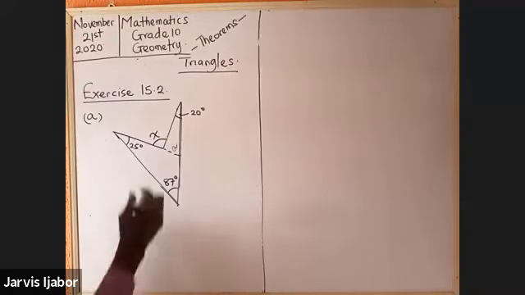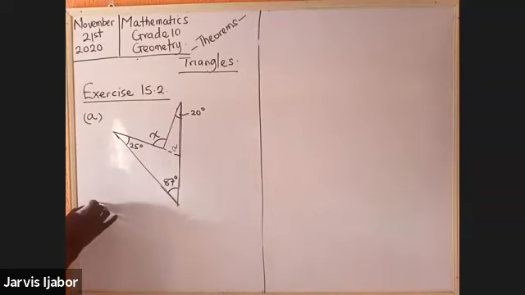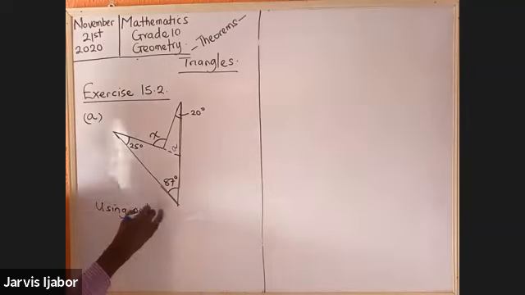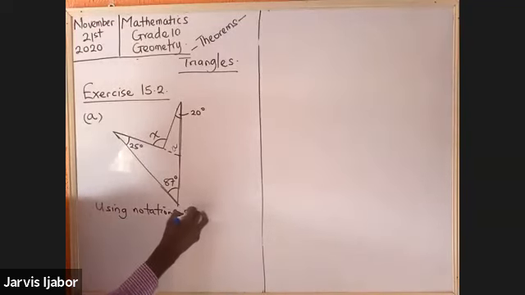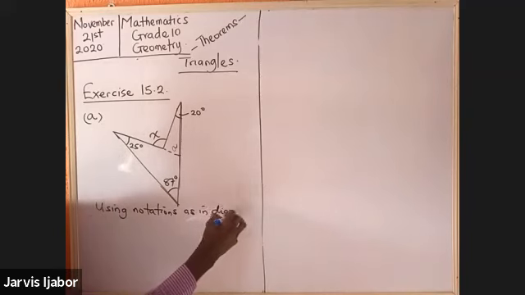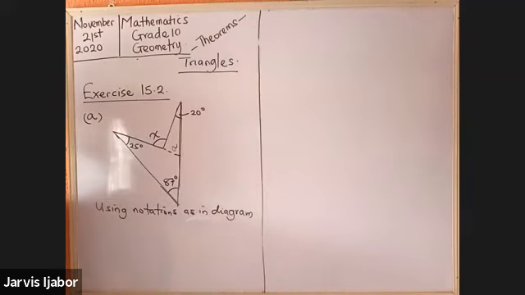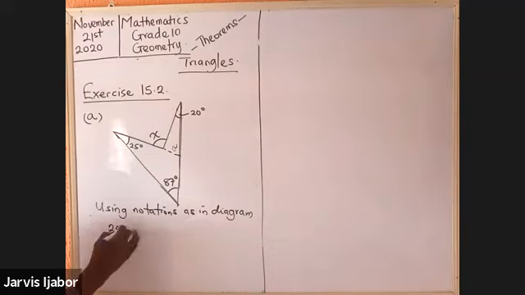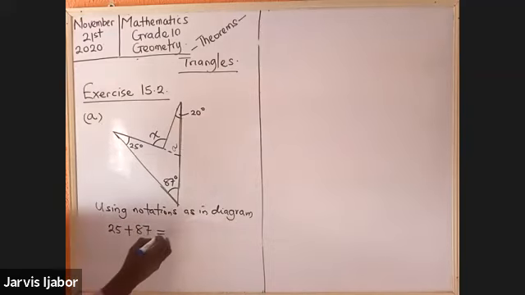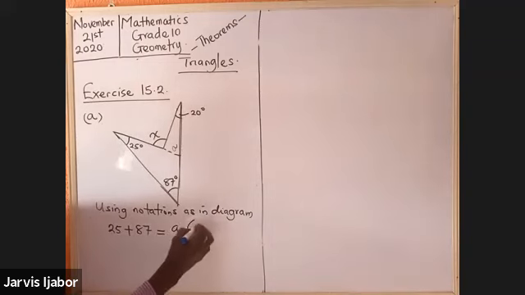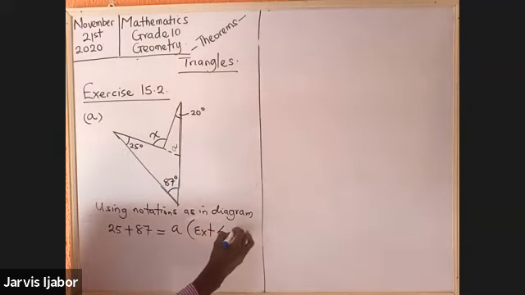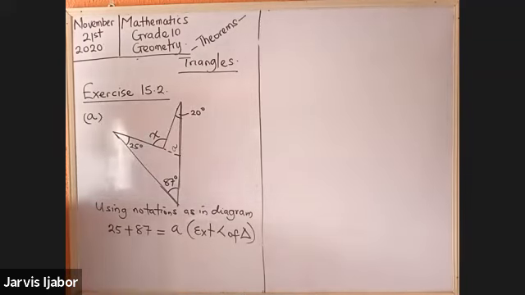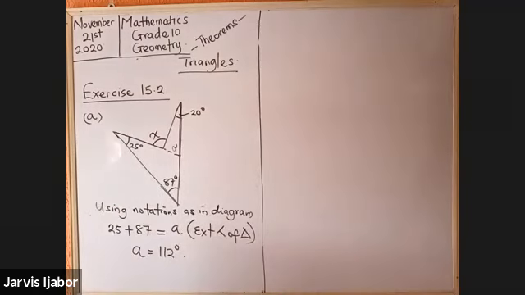So from this, we will say that, using notations, always tell the examiner using notations as in the diagram, we have that 25 plus 87 degrees will be equal to A. And we'll call that exterior angle of triangle. So with that, A will be equal to, when you add this, 112 degrees.